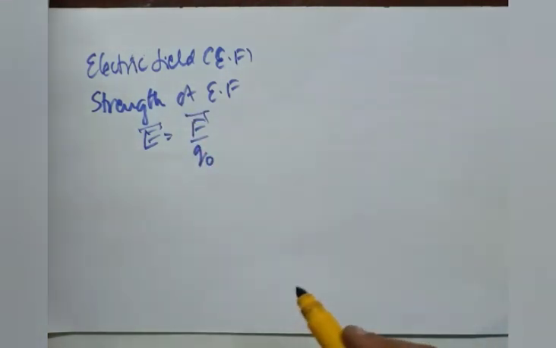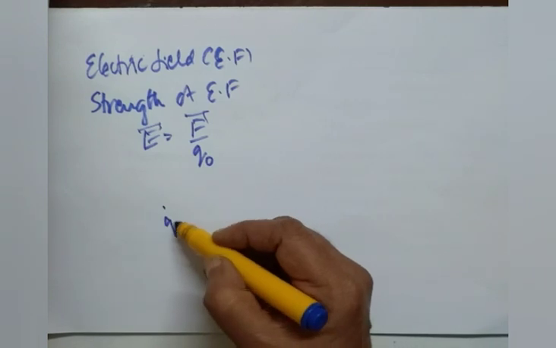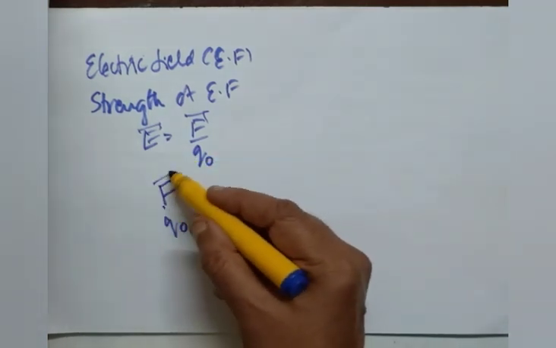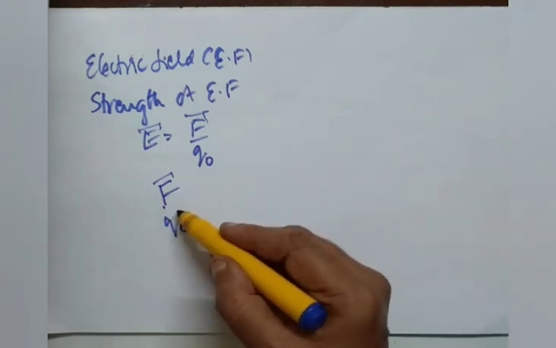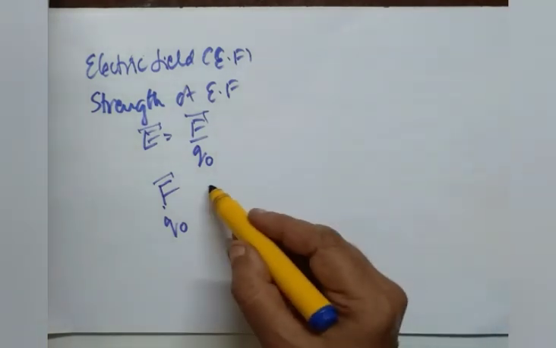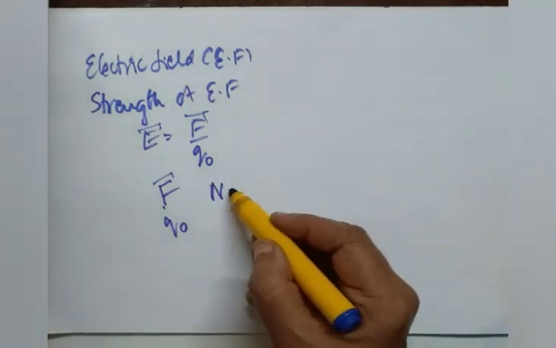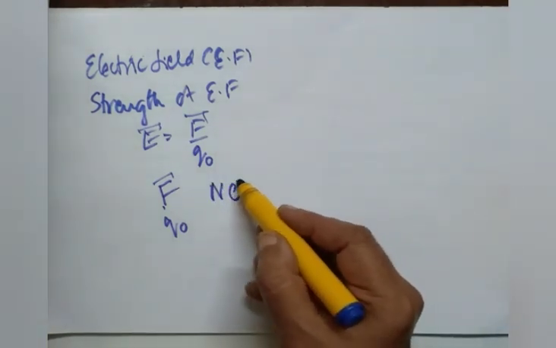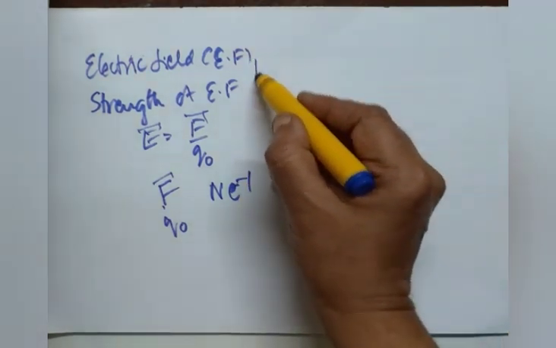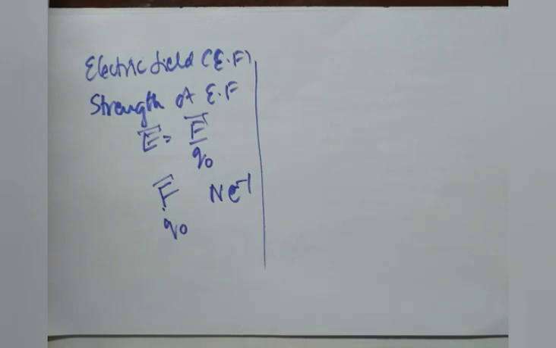If we place charge Q naught at some place where we want to find electric field intensity, and the force F is acting on it, then electric field intensity is given by E equals F by Q naught. Because of this, the unit of electric field intensity is Newton per Coulomb.